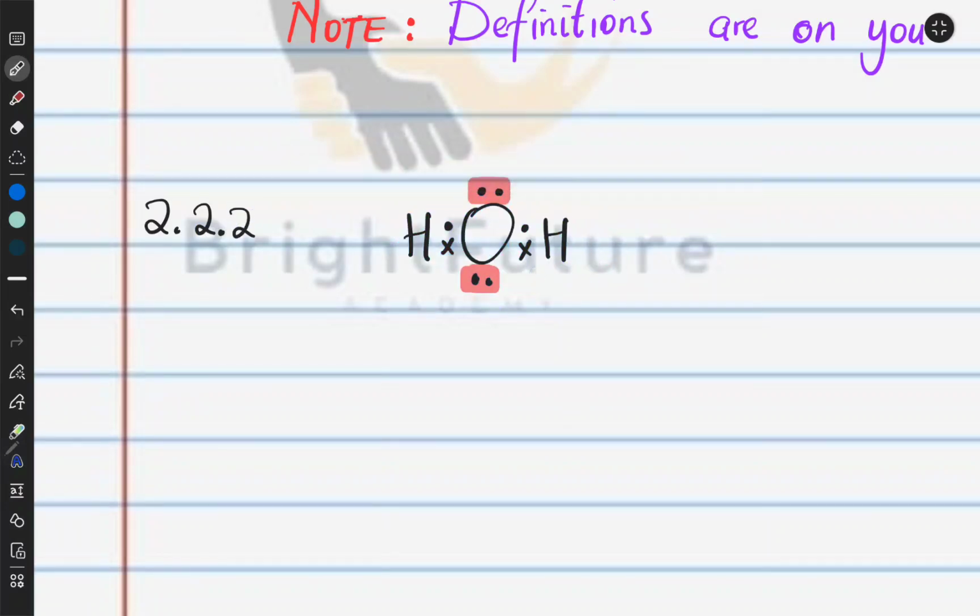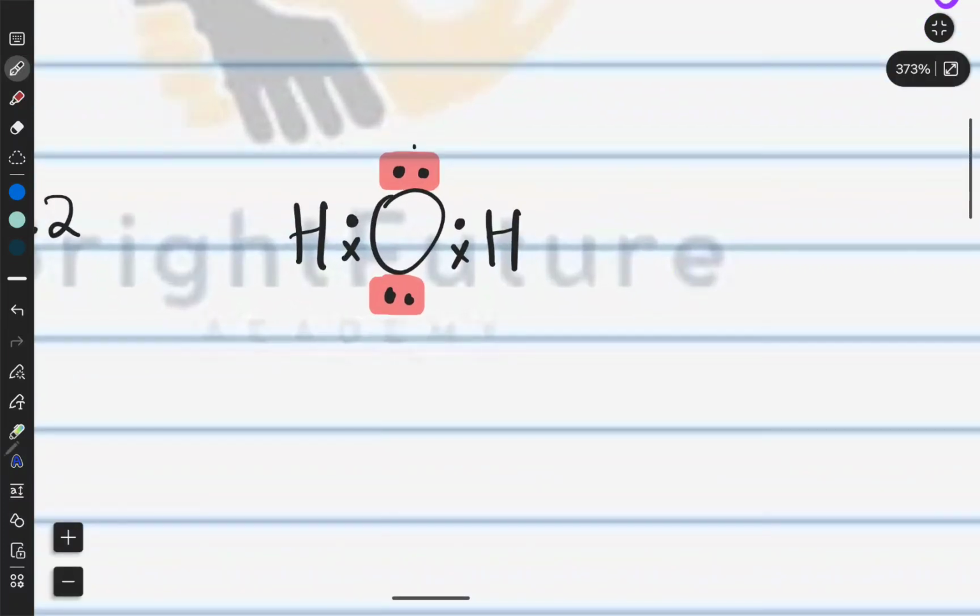We would just put it there. Obviously you don't have to shade the lone pairs, just leave it there. Okay, let's make it neater. I don't like it. So we would have our H there. Yes, so that's our Lewis dot diagram.